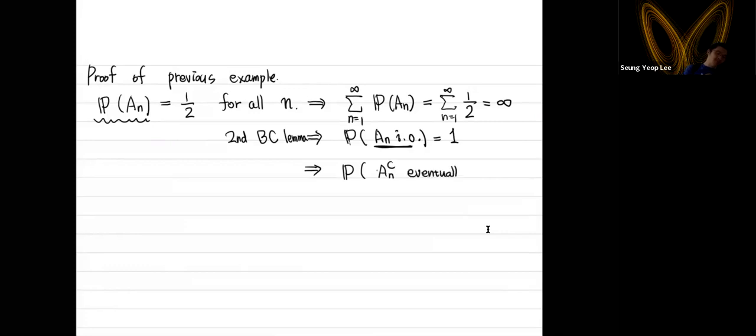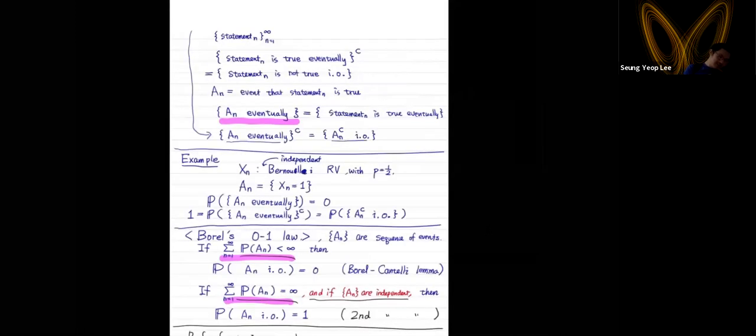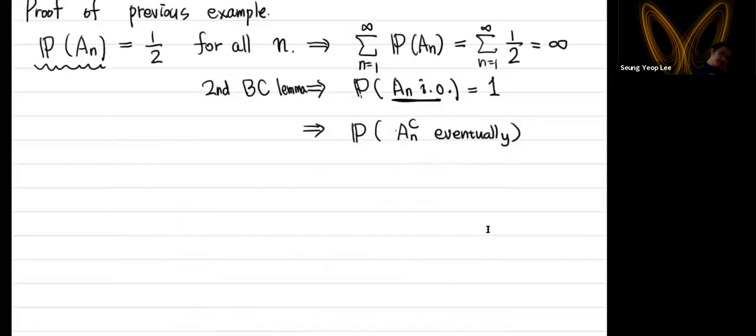That's the complement of the above, same thing. And therefore this will have probability 0. If one event has probability 1, then its complement has probability 0.